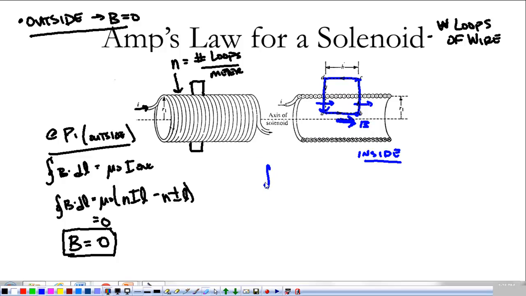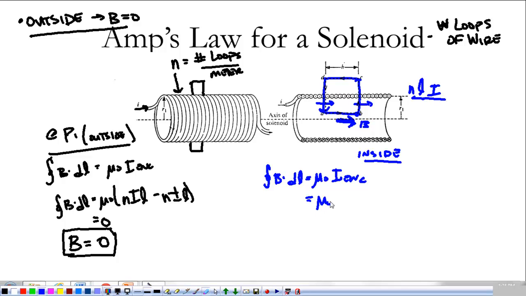Now, inside, we start the same way. B dot dl is equal to mu 0 times I enclosed. And we're going to get I enclosed the same way that we did before. N times L gives me the number of loops. And so that enclosed current is the number of loops I have enclosed, N times L, times I, the amount of current I have.